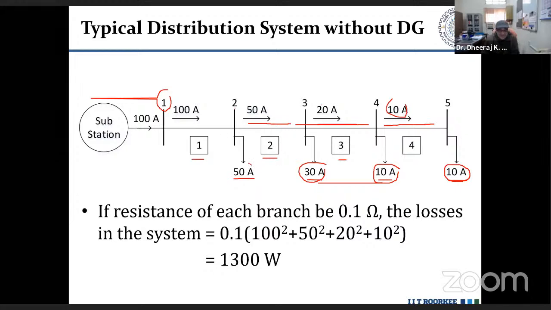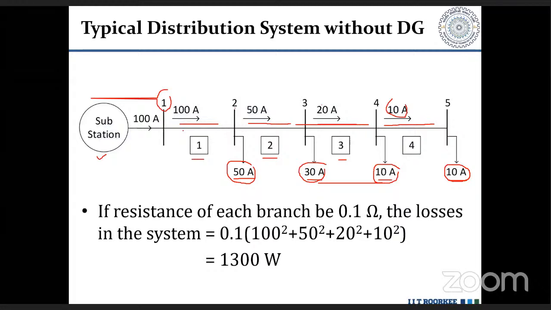And finally, considering this load, the current through branch number 1 is 100 ampere. All these 100 ampere will come from the transmission system through the distribution substation.